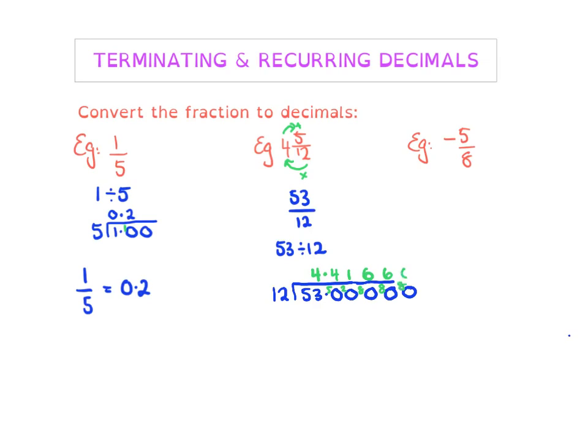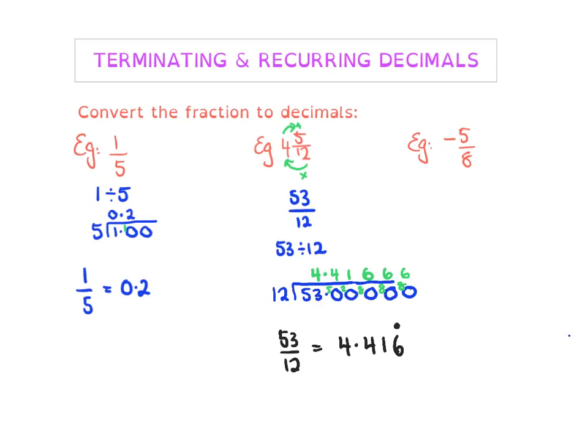So this keeps reoccurring, is what we say. So when we see the 6, 6, 6 keep going, that's when we stop, and we can write our answer as 53 divided by 12 equals 4.416, and I'm going to put a dot there because that tells me that the 6 is reoccurring.